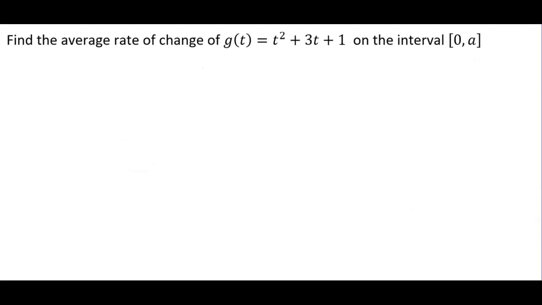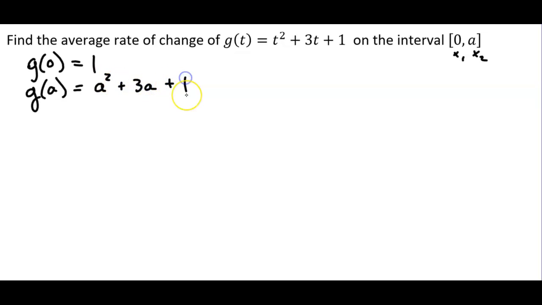So this time we have an x sub 1 of 0, but our x sub 2 is a, which is a variable. So we can find g of 0. And when you plug that in, you're just going to get 1, right? And then you can find g of a, which is going to be a squared plus 3a plus 1. So that's okay.